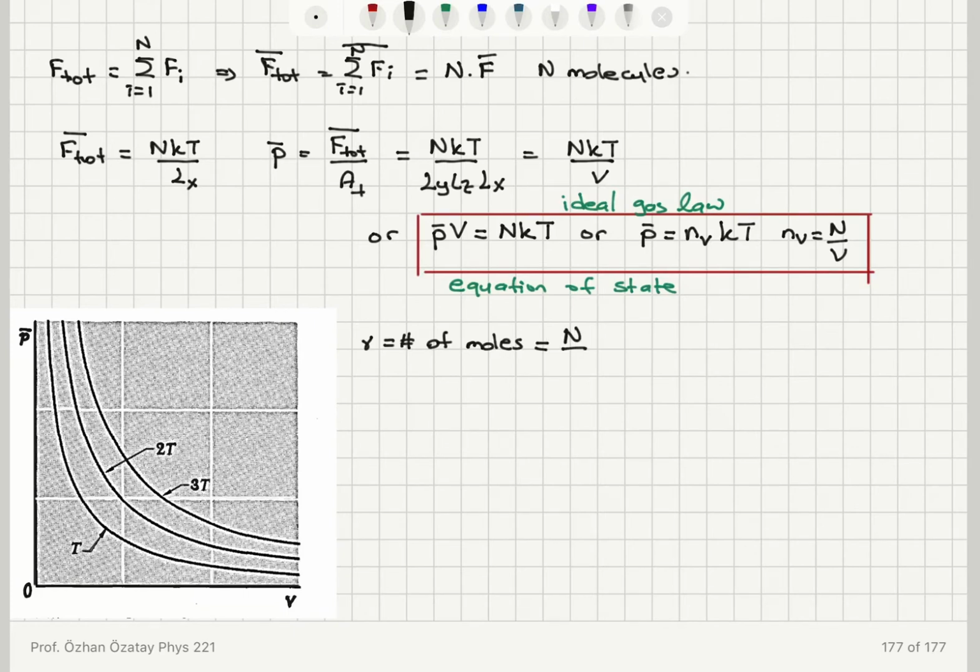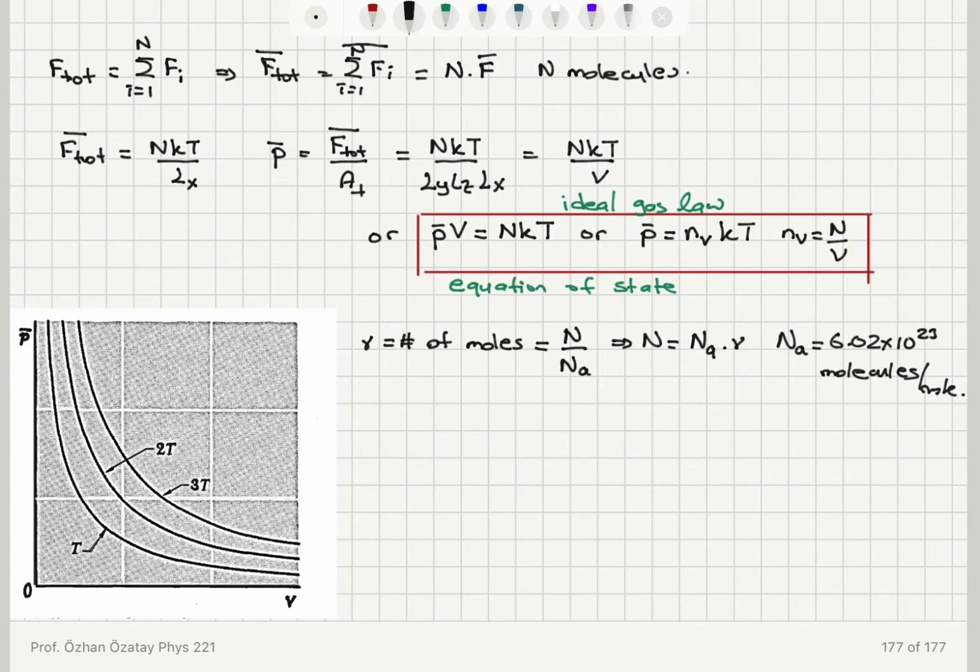Total number of molecules divided by Avogadro's number gives me the number of moles. So for total number of molecules, I can use Avogadro's number times number of moles. Avogadro's number is 6.02 times 10 to the 23 molecules per mole.